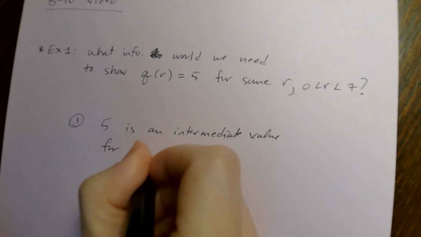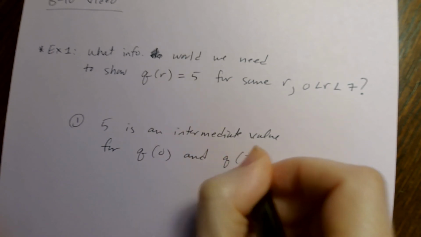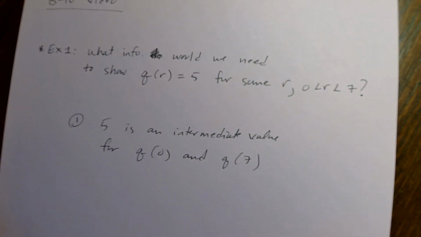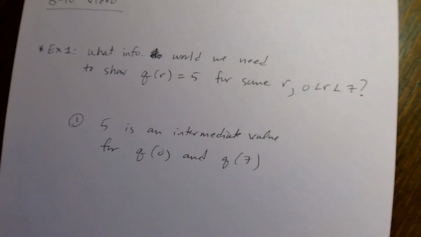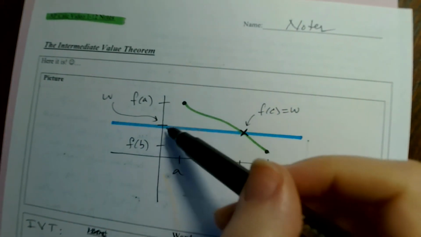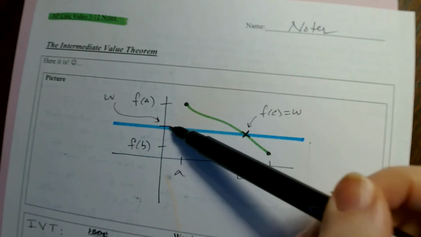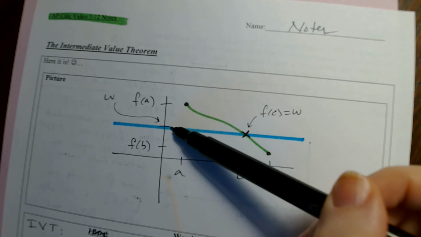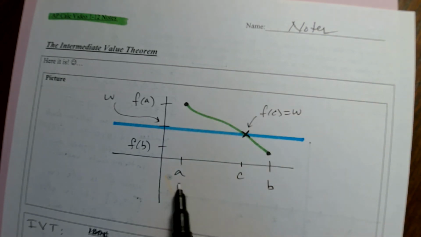That gives you this part: the value you're trying to show that the function takes on is between the outputs at these endpoints.